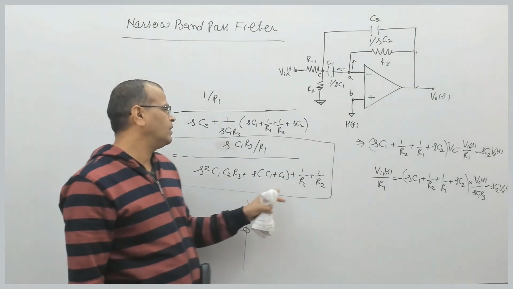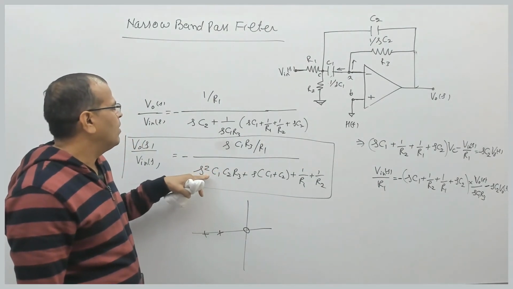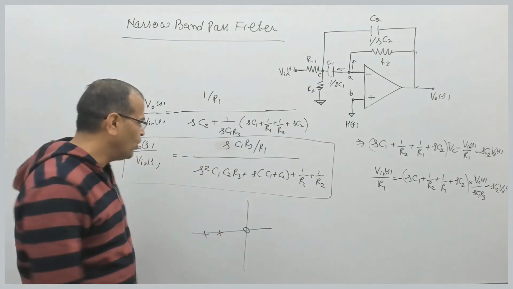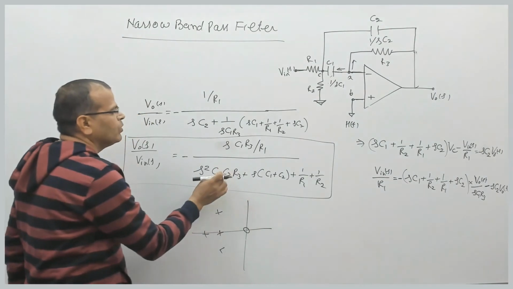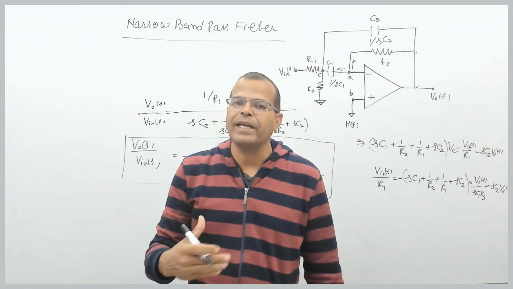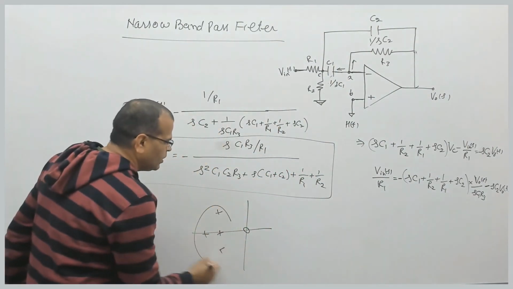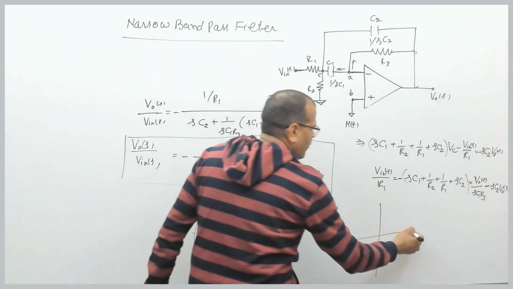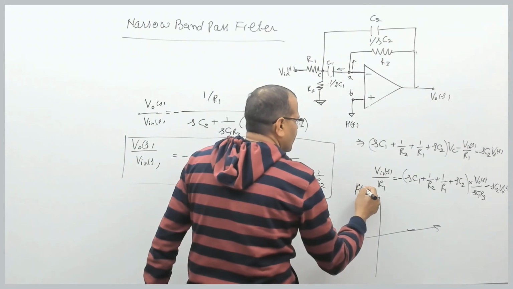But this is definite, it has simply 1 zero and 2 poles. Poles may be complex, poles may be real, that depends upon the relative values of C1, C2, R3, R1 and R2. And by selecting suitable values, we can decide the location of these poles, and accordingly we will be able to have the characteristic. So this is your transfer function.